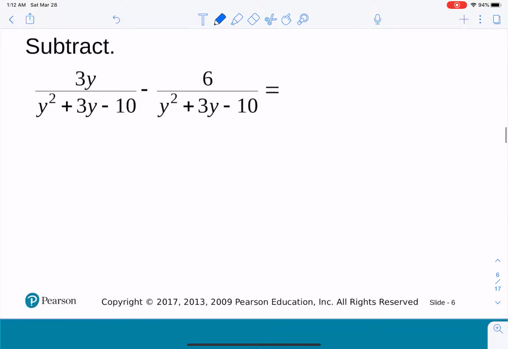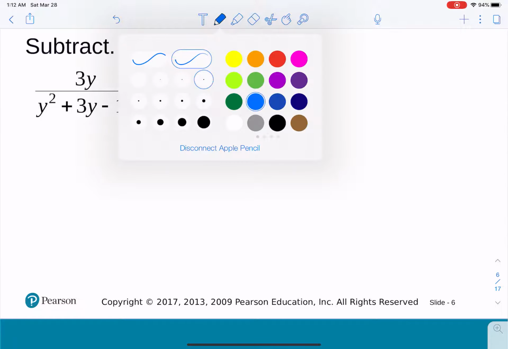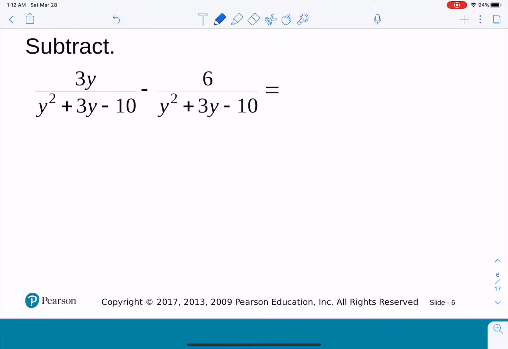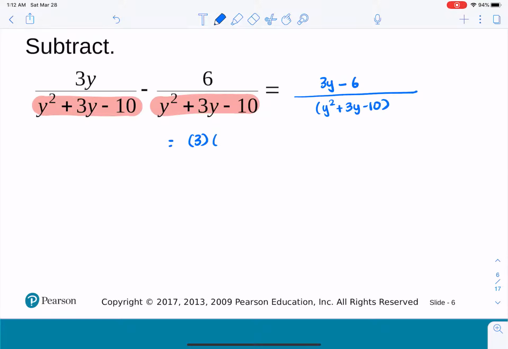So here is a lengthier expression in the denominator, but once again, that denominator and that denominator are in common, so I simply write that denominator down and I combine the numerators. 3y, there is a subtraction sign in the middle, minus 6. I see a 3 in common, so I pull that 3 out. I get 3 times y minus 2.